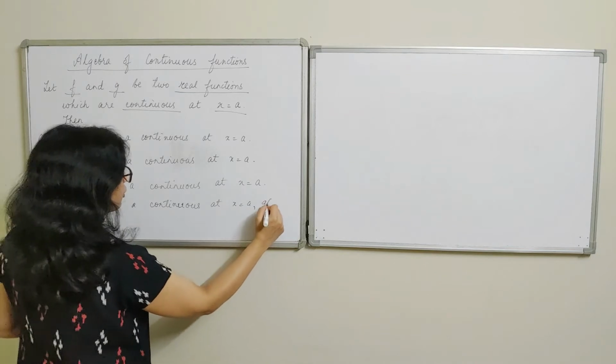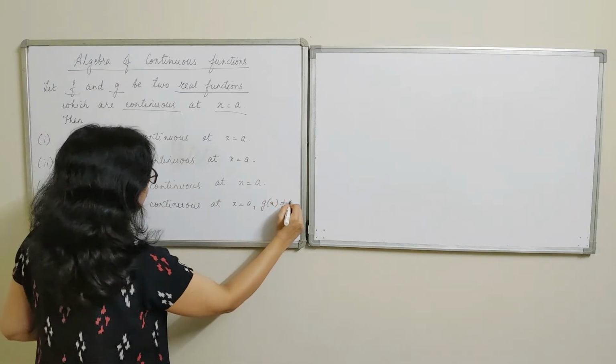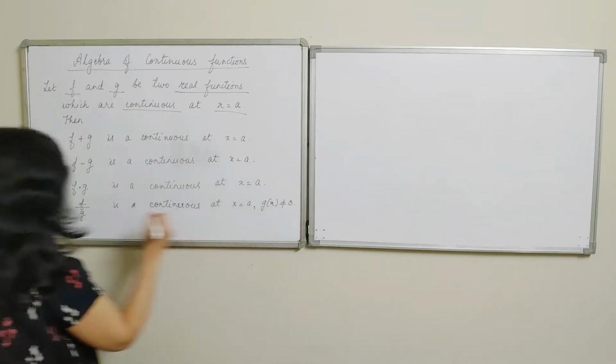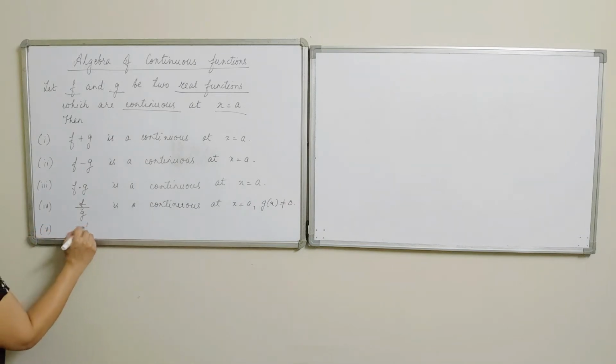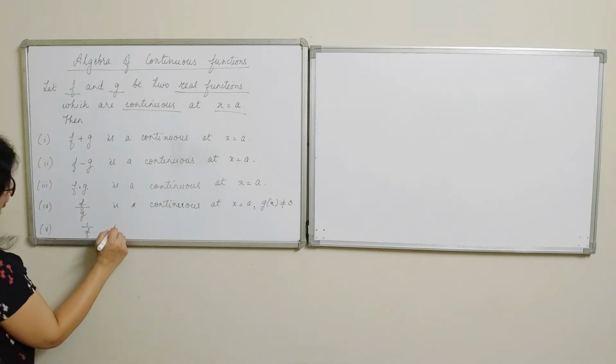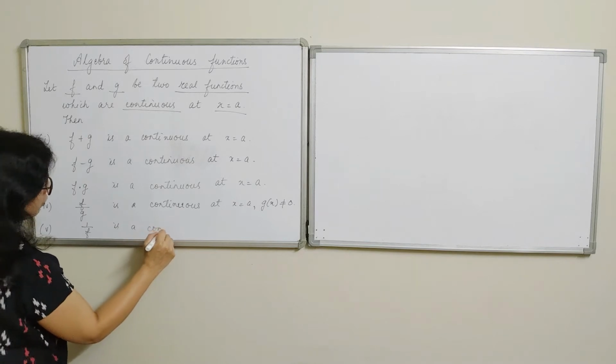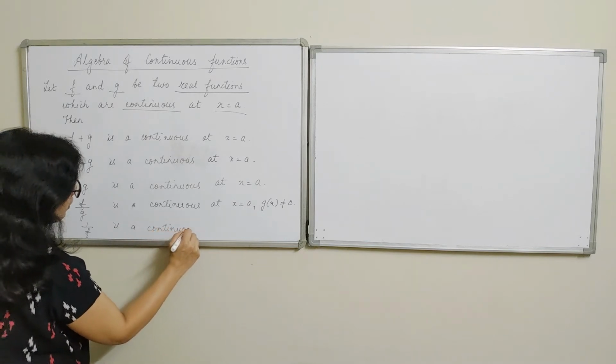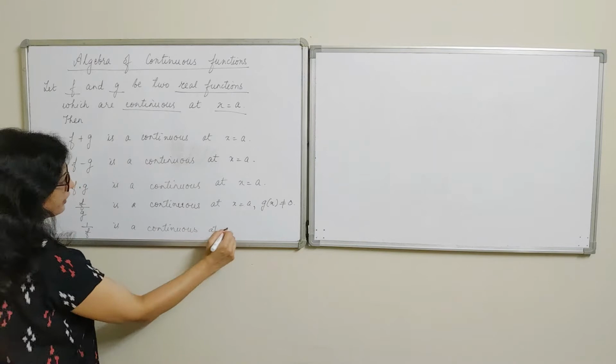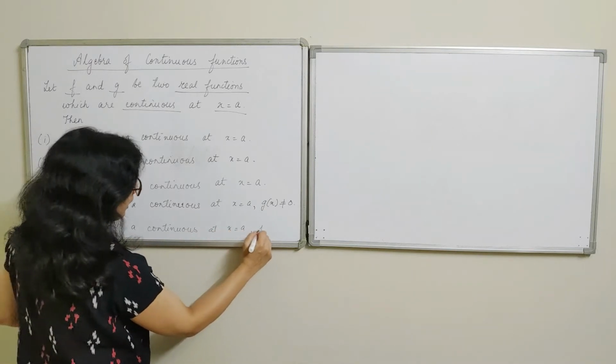Here obviously function g(x) is not equal to 0, and 1 upon f or 1 upon g is also a continuous function at the point x is equal to a.